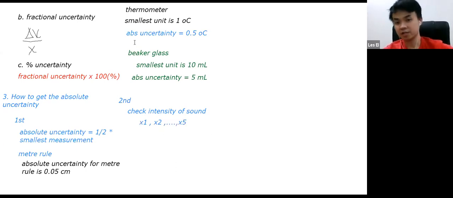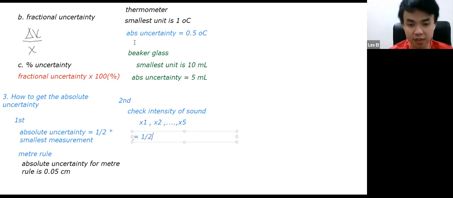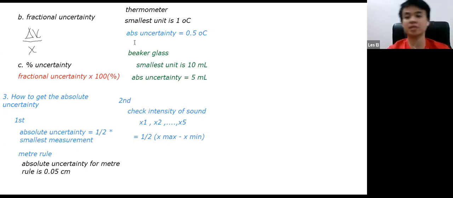For repeated readings, you can simply take half of the x maximum minus the x minimum. So you choose the maximum reading, subtract it with the minimum reading, and divide it by 2. That is how you get the absolute uncertainty.